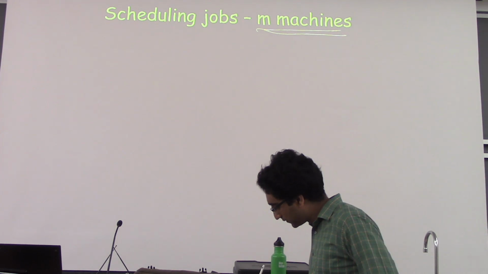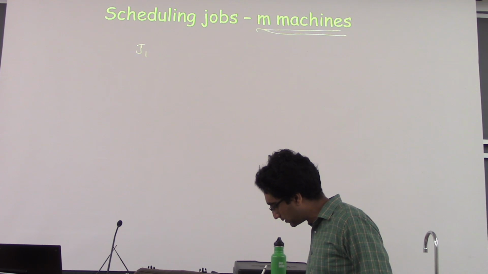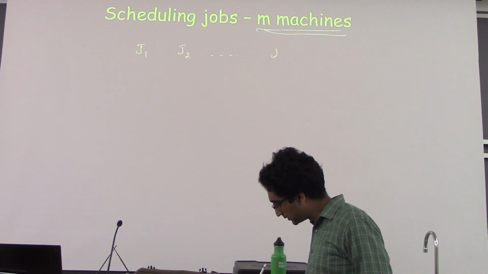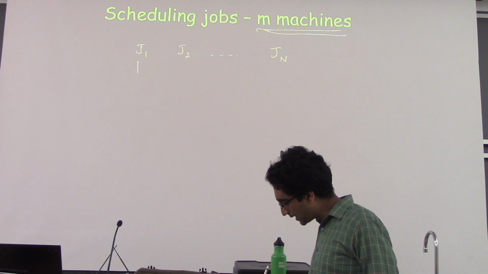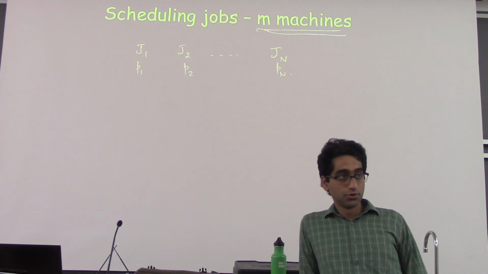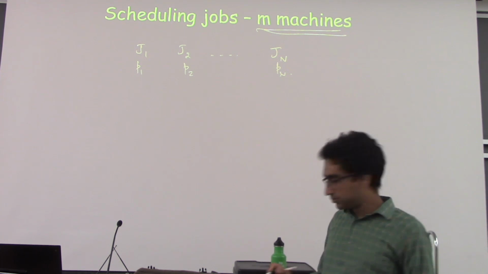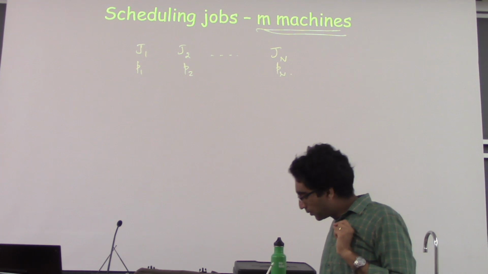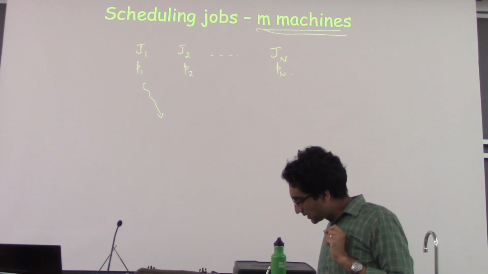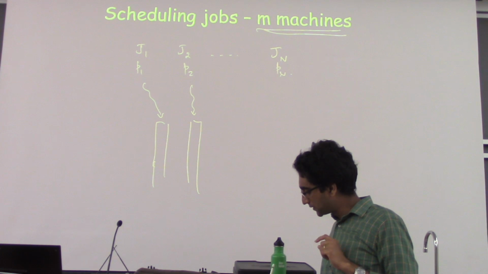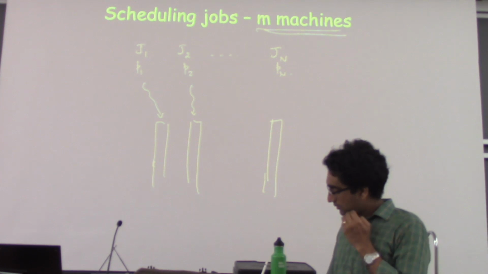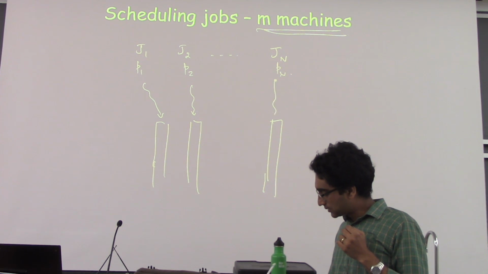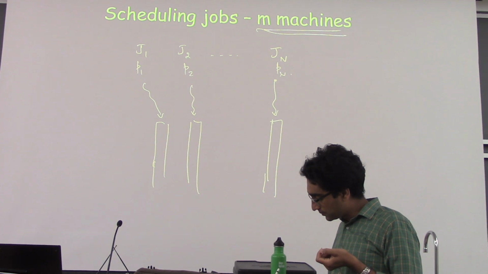And as before, you have these jobs, J1, J2 up to Jn, with processing times P1, P2 up to Pn. What you want to do is assign each job to some machine. So you have M machines like this, A1, A2 up to AM, all of which can process the jobs.